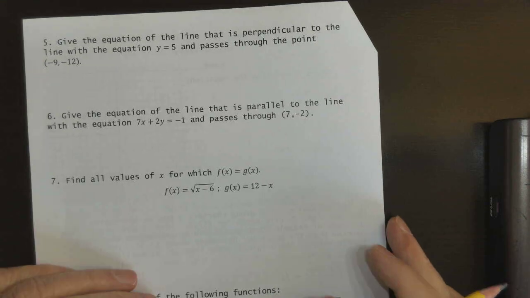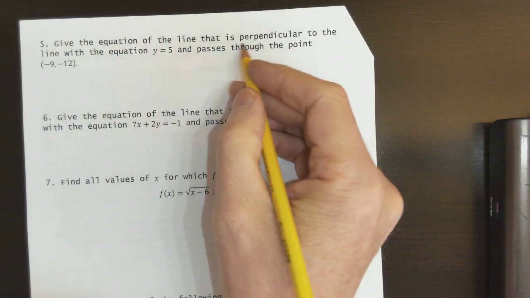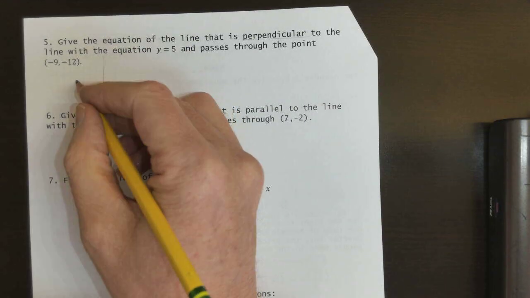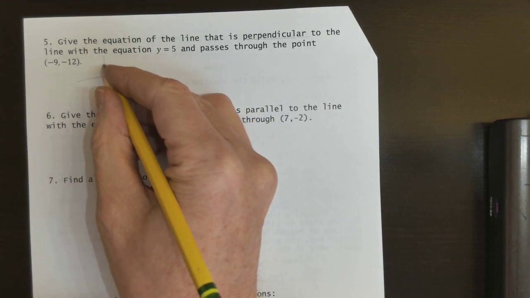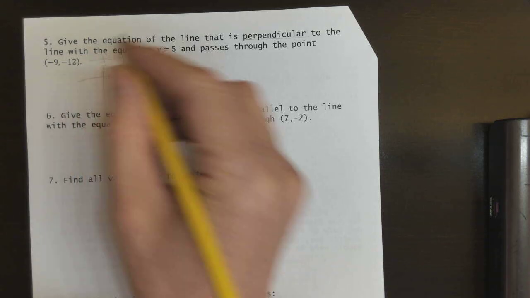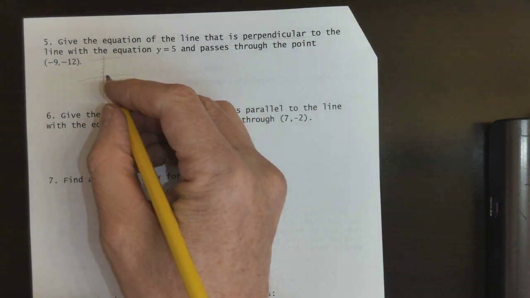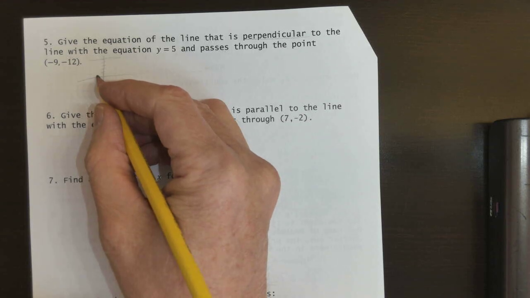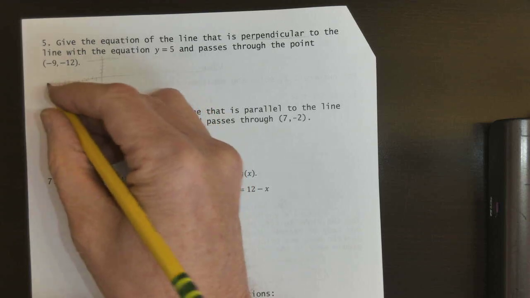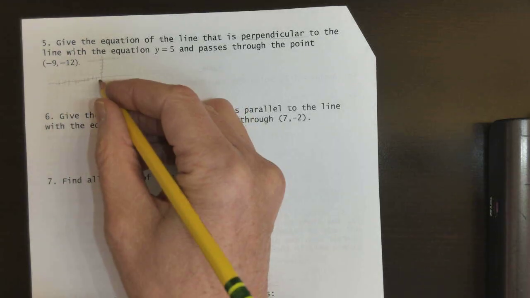Number 5, give the equation of the line that is perpendicular to the line with the equation y equals 5. 1, 2, 3, 4, 5. This is y equals 5, and passes through the point -9, -12.